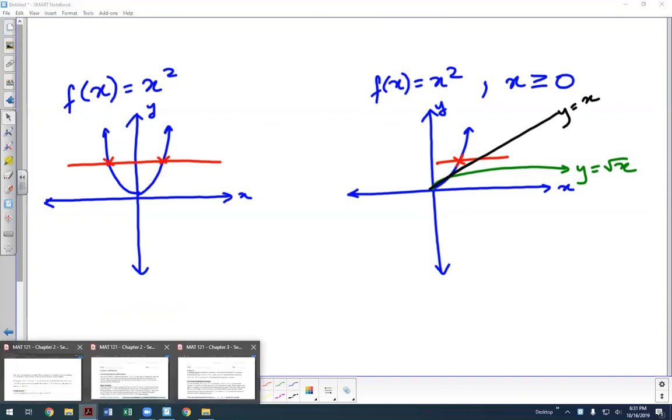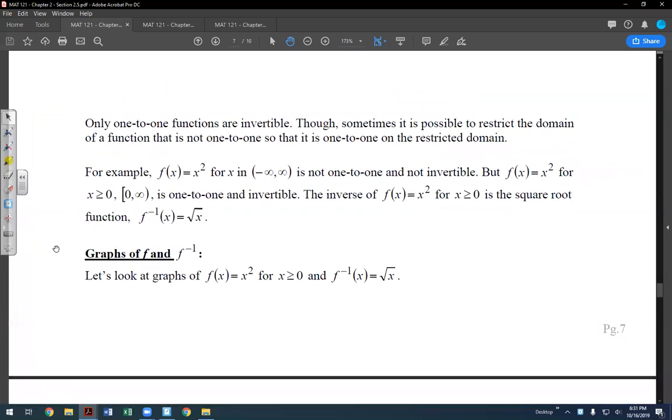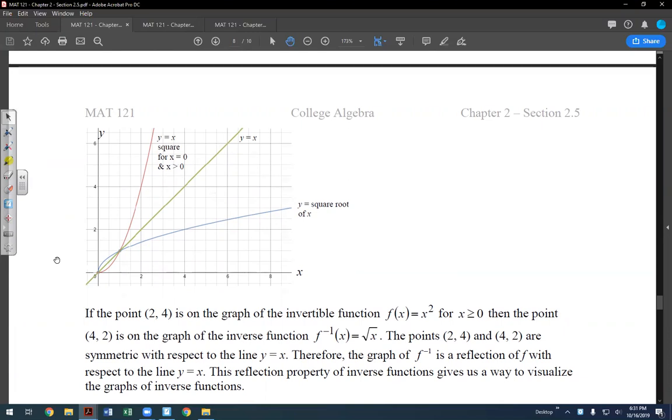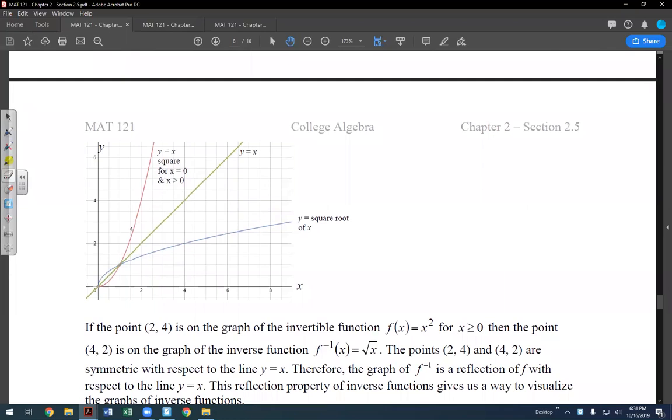And if you actually go back to your handout, you can see I have a little graph in there. So this one here in the red is our y equals x squared function. This one here in blue is your y equals square root of x. And this green line is our reflecting surface, y equals x. They should be reflections of each other. This is true for all inverse functions.